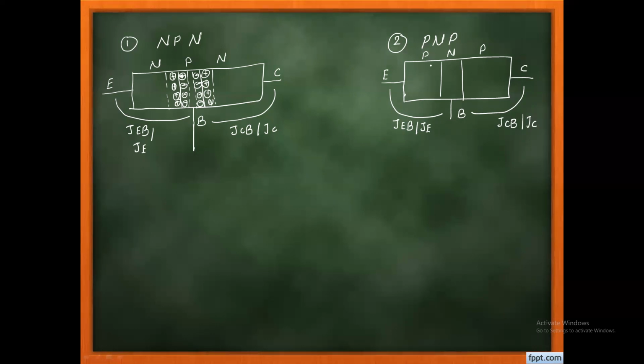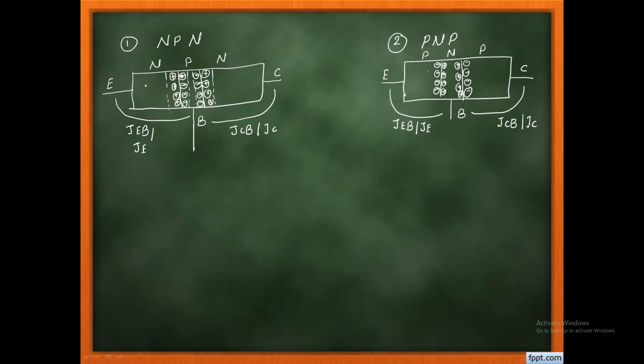Again, if you observe, in between emitter and base, near the boundary in the P region, the negative ion layer is formed, and in the N region, the positive ion layer is formed. Again, in this collector to base junction, near the boundary in the P region, the negative ion layer is formed, and in the N region, the positive ion layer is present.